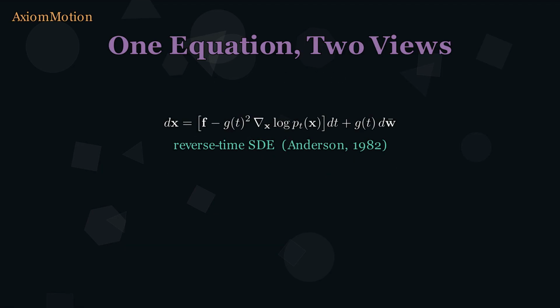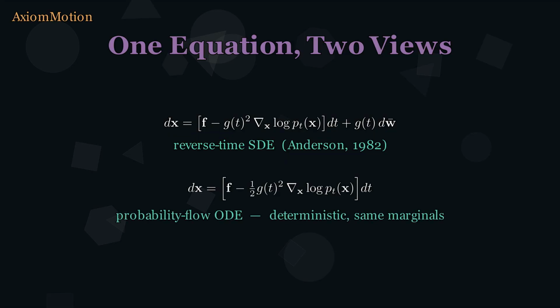There is a classical theorem that runs any such equation backward in time. The reverse equation depends on the data in exactly one way, through the score. And there is even a deterministic version, an ordinary differential equation, with the very same distribution at every instant. Stochastic or deterministic, both need only the score, the thing our network already learned.